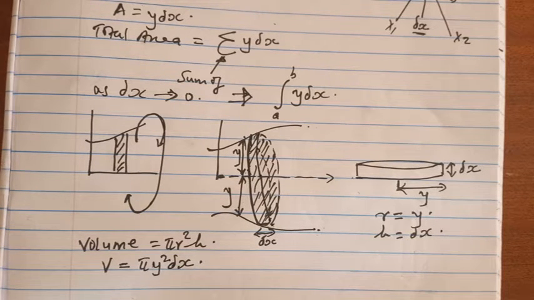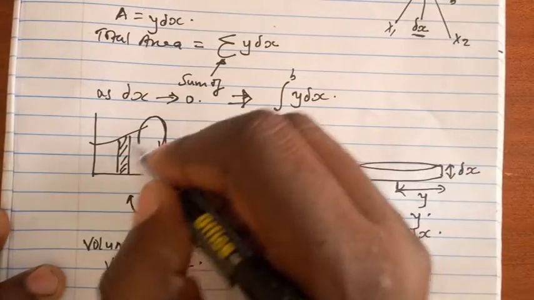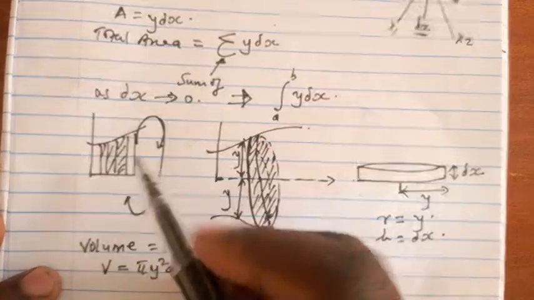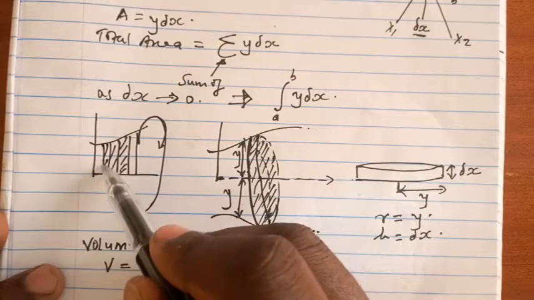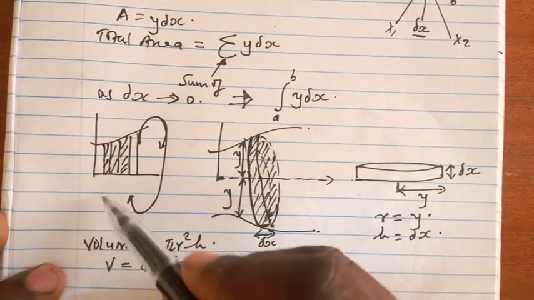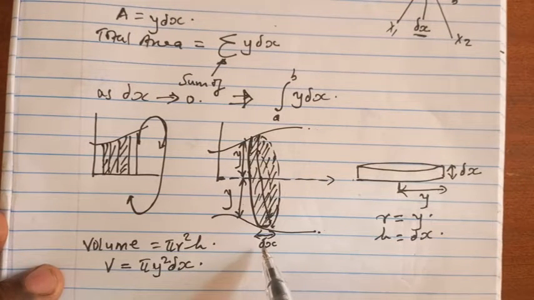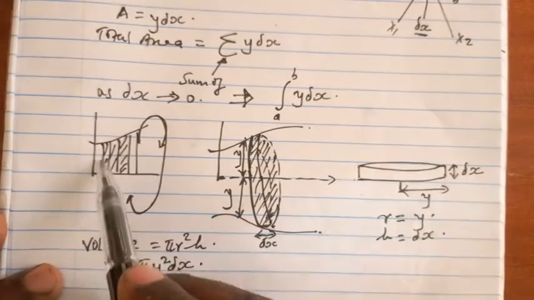And if we want now to get, if all these stripes, assuming they are many, are rotated all around the same x-axis, each one of them will create a volume, and the width will still be delta x, and the radius will continue to be y.